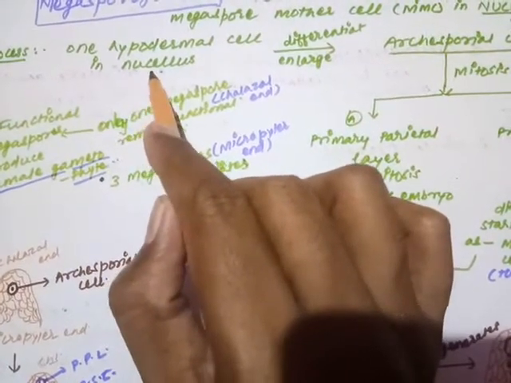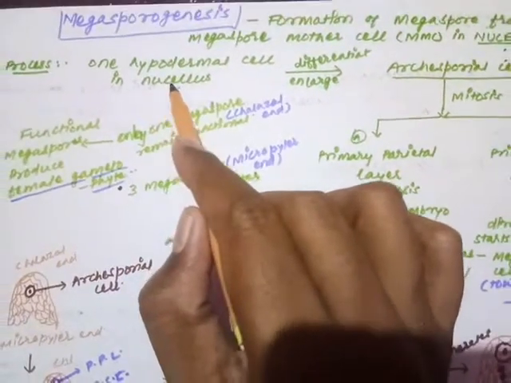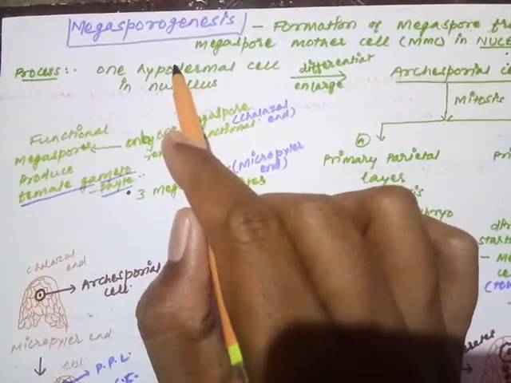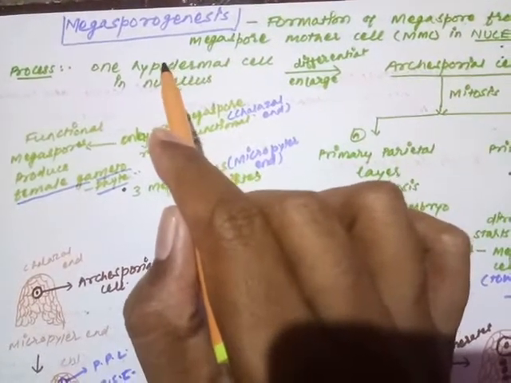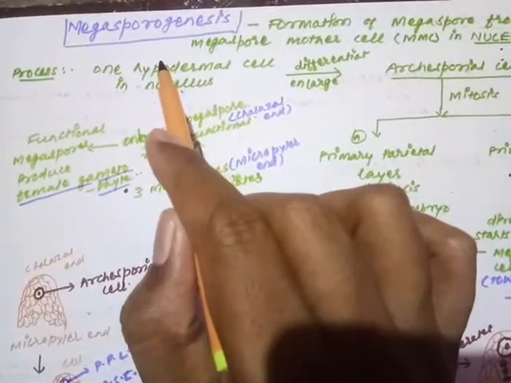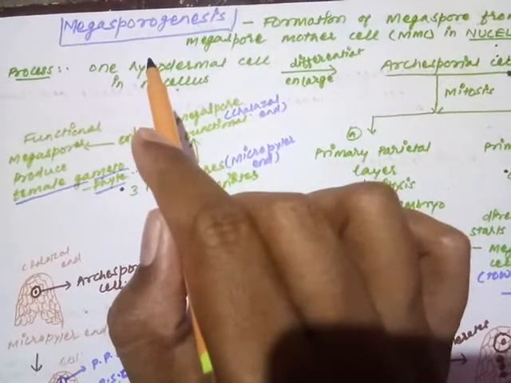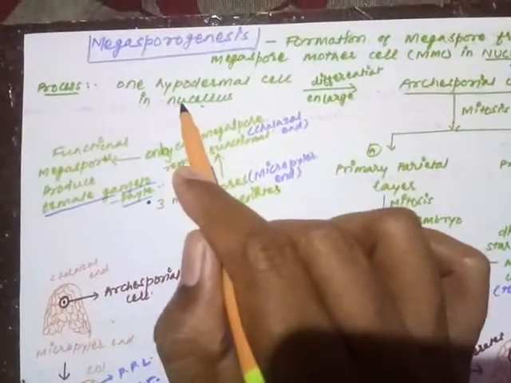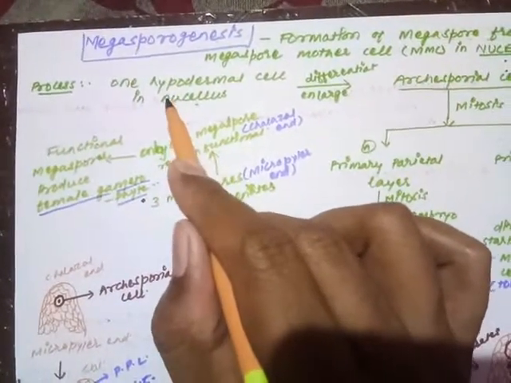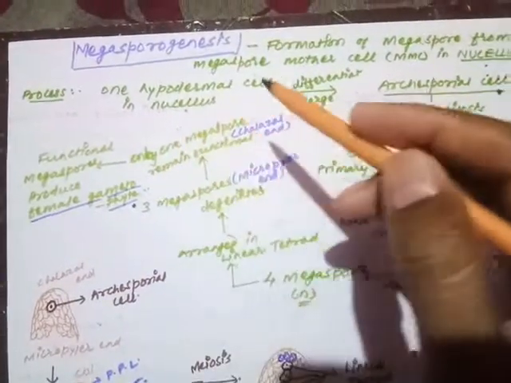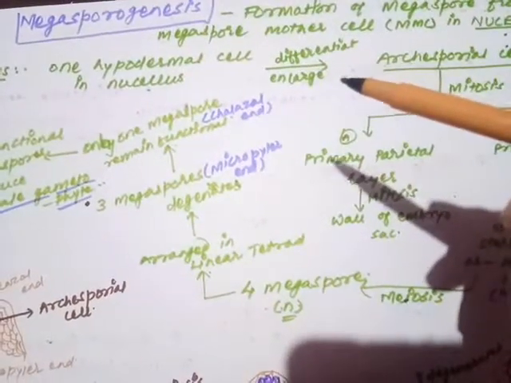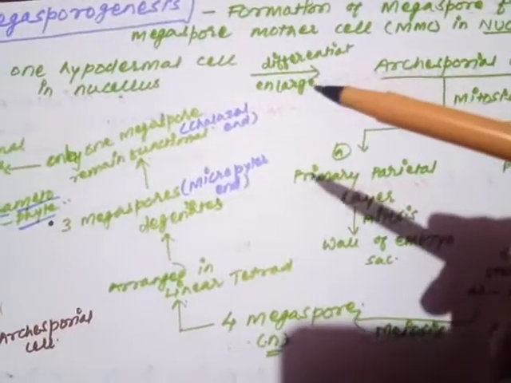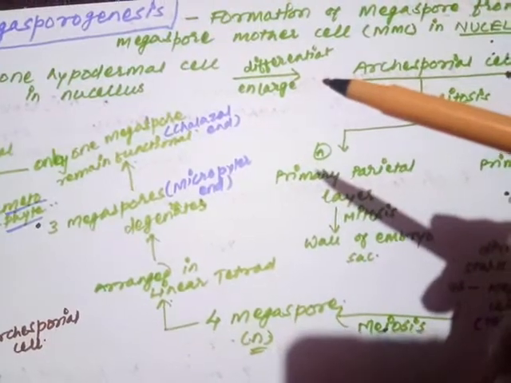So any cell in the nucellus, what cell, the hypodermal cell. If you remember, we used hypodermal cell in the microsporogenesis also. So in megasporogenesis also, any hypodermal cell in the nucellus will start increasing in size by absorbing nutrients and material from the peripheral cells, and when it enlarges in size, it differentiates from the other cells.